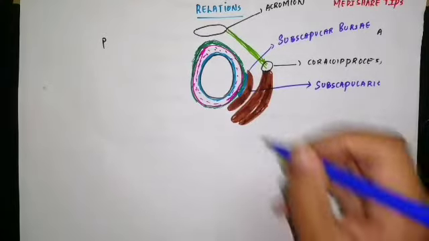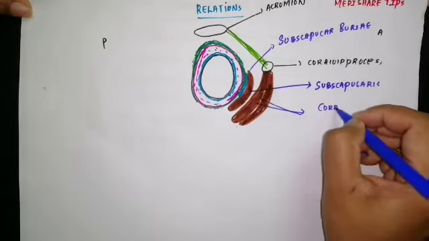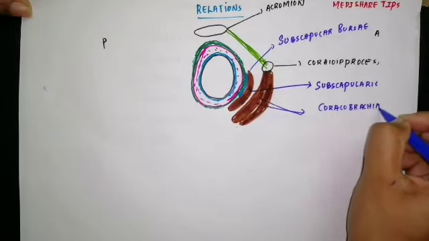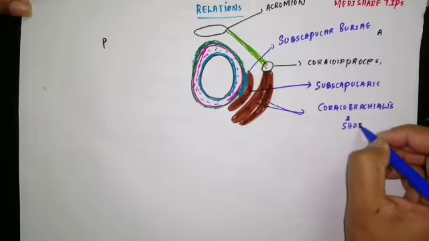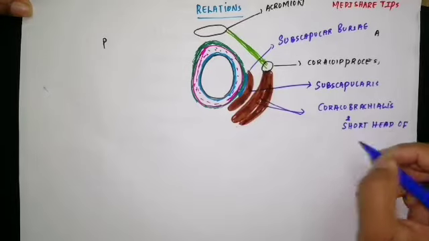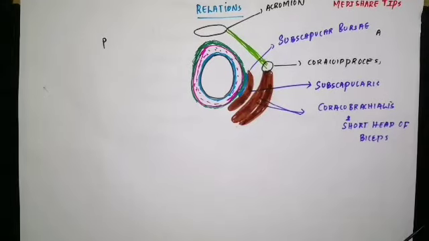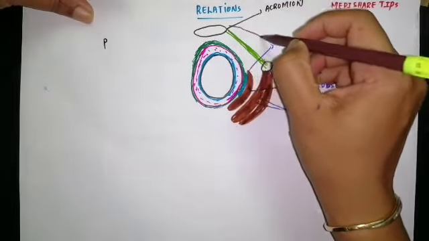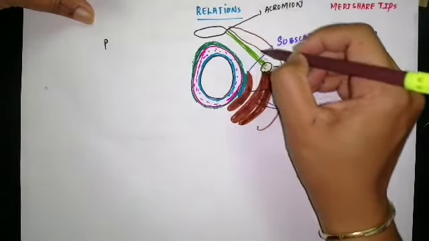This is coracobrachialis and short head of biceps. Another muscle which covers all this and forms the anterior relation is the anterior fibers of deltoid.